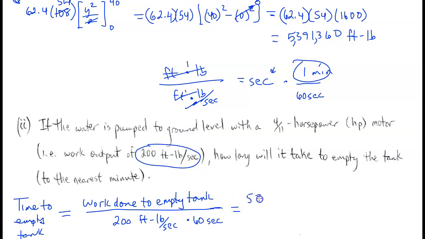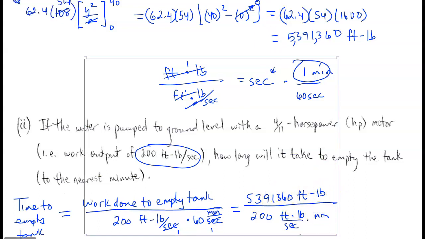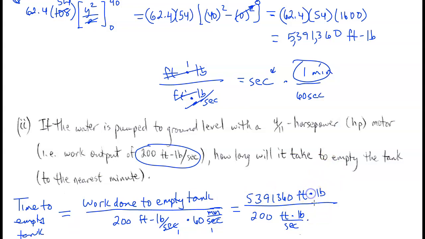Okay. So if we put in the numbers that we need here, we have foot-pounds here, and of course seconds and seconds are going to go away there. We're just going to have minutes here. We're going to have 200, and I'm just going to write everything here just to make sure. Seconds, and then this is going to be 60. All right, so I had to fix this pen here.